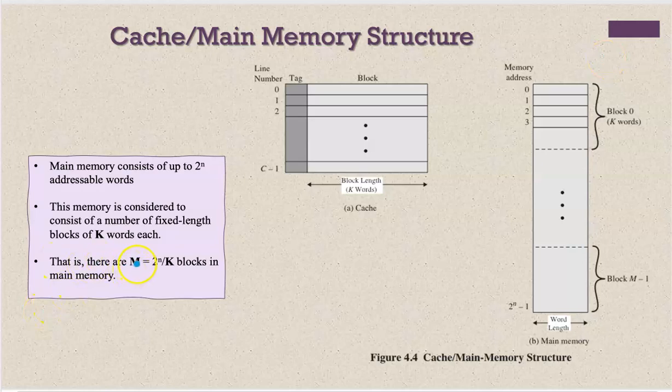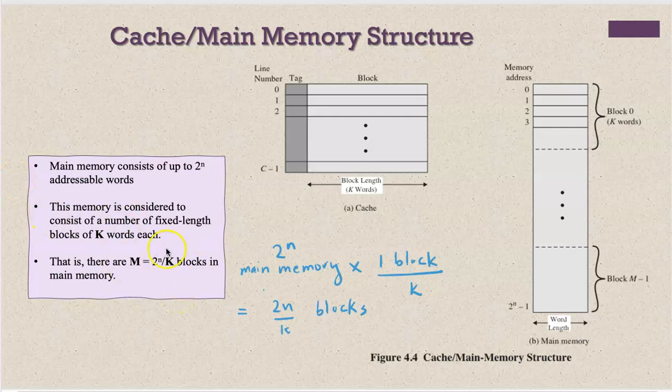That is, m is the total number of blocks, and 2 to the n, the number of addressable words, divided by k would give you the number of blocks in the main memory. So main memory is 2^n, the size of one block is k, and 2^n divided by k gives the number of blocks, which is 2^n over k.